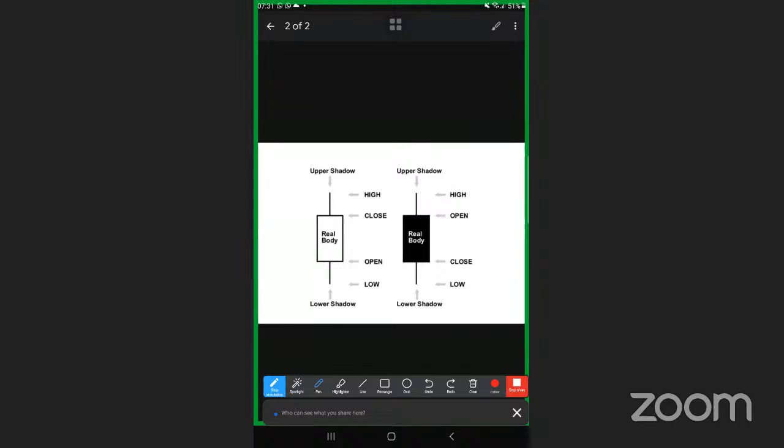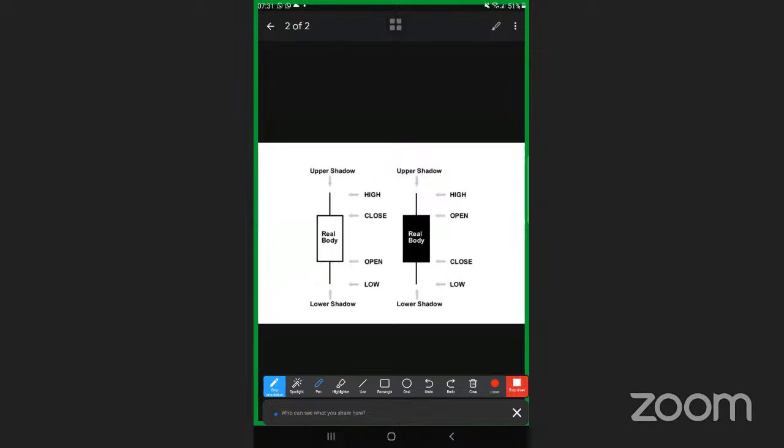All right. So let me say this. If the close is above the open, where is the open in this case?